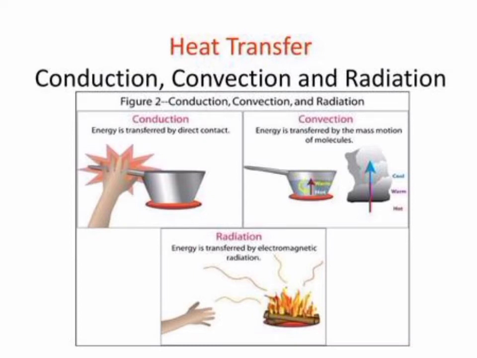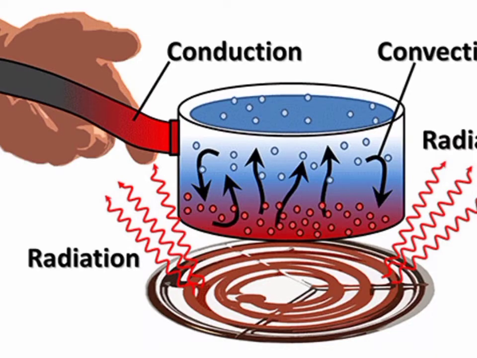For those that are joining us now, we are on heat transfer, and we just explained what conduction is, the first type of heat transfer. Now the second type, which occurs mostly in liquids, is convection, or convection current. You can observe what happens when you put a pot of water on the fire.